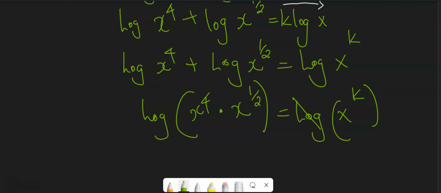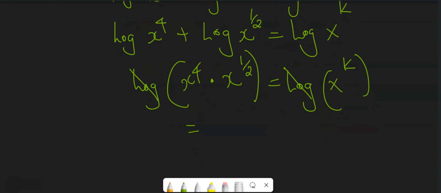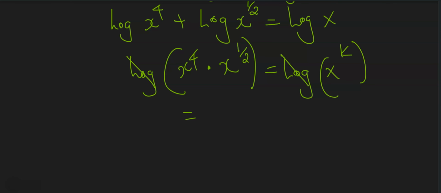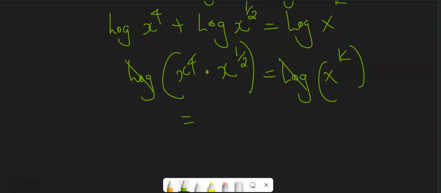So we do away with logarithm. What do we have next? We have x power, now exponentials, 4 plus a half equals x power k.